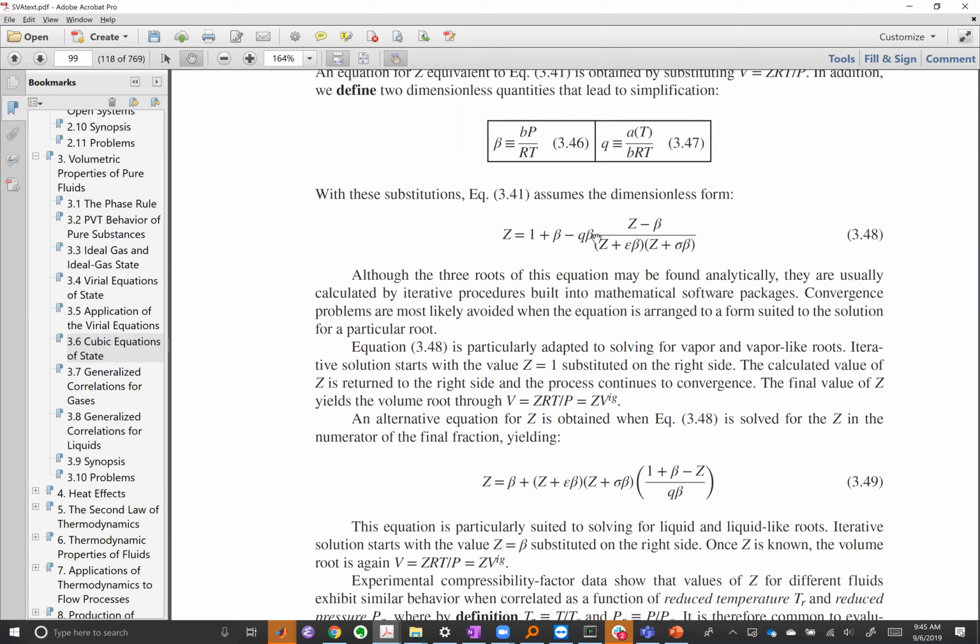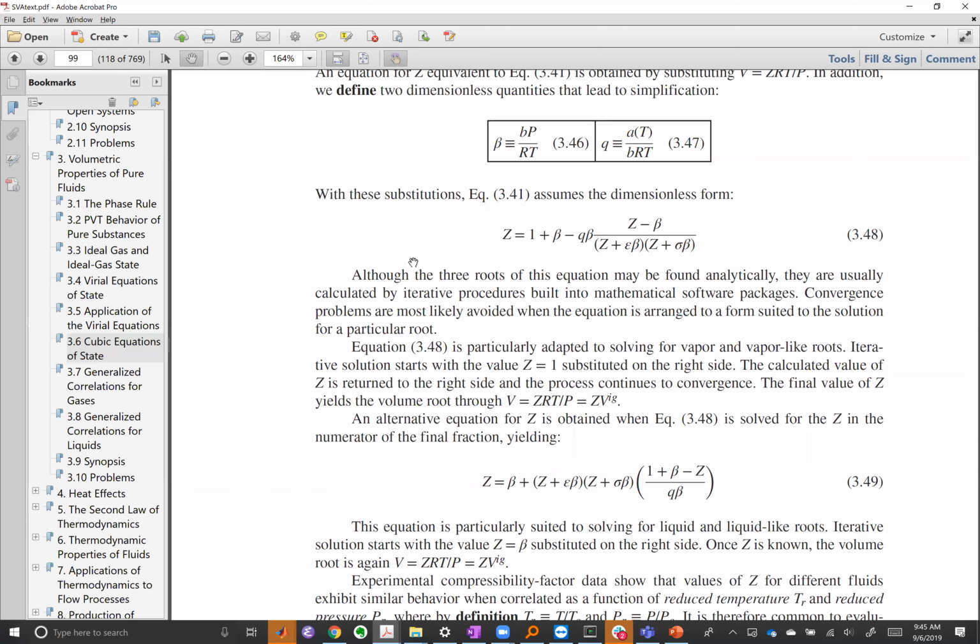So they're dimensionless versions of A and B. So beta is the dimensionless version of B, and Q is the dimensionless version of A. And with some algebra, you can arrange it in one of two ways. And depending on which way you arrange it, you actually get yourself a built-in numerical method for solving for either the liquid or the vapor root.